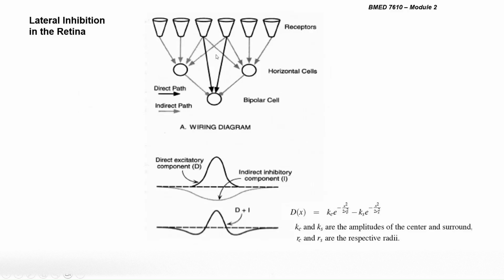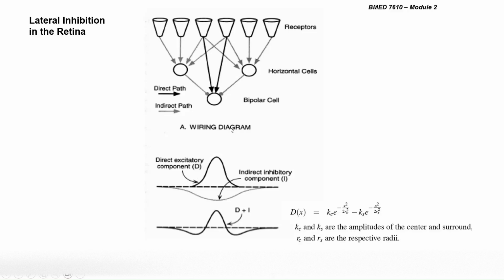This is a very simple wiring diagram of the retina. There are receptors, and they go to horizontal cells, but some of them take a direct path to the bipolar cells, and bipolar cells are kind of an activator, whereas the indirect path works as an inhibitor.